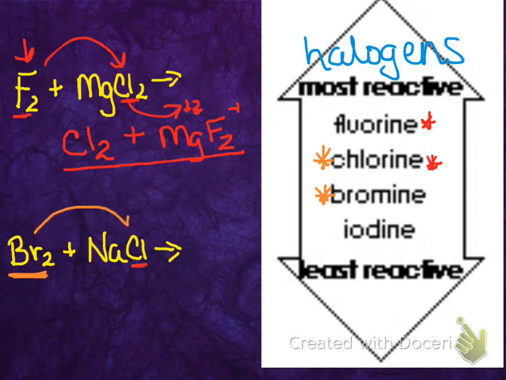So bromine's going to come in and try to kick out chlorine. Chlorine's going to say, no way, man. I'm more reactive, I'm more attractive, I want to be with this sodium more. You don't have a chance. So chlorine's going to hold on to the sodium, bromine is going to just have to go away. What we say in this case is NR, no reaction, because bromine is not strong enough to take chlorine's place.